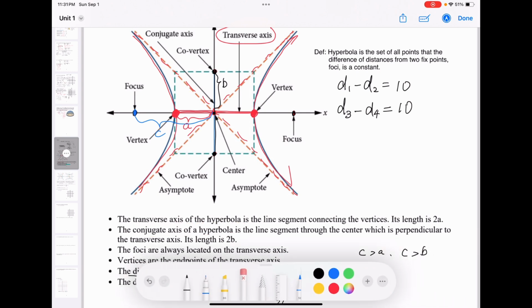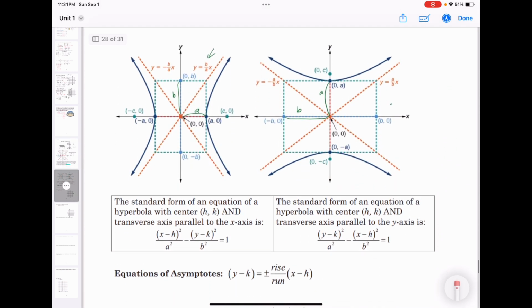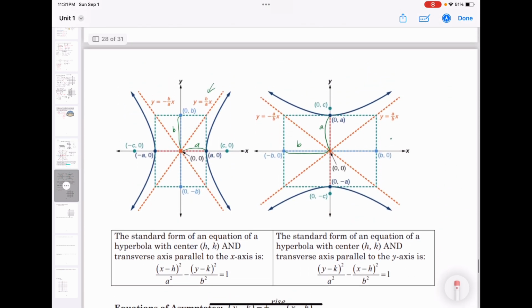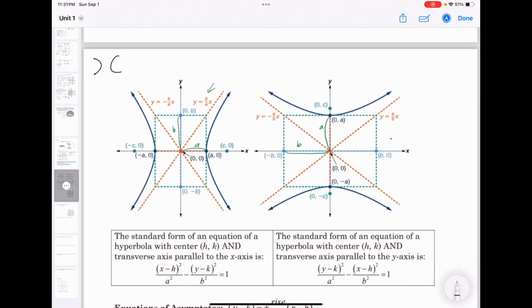Okay, let's move on. Let's erase this. So we have two graphs. The first one is a hyperbola that opens to the left and to the right. What is our transverse axis? It is the line here, the x-axis. And where is the center?